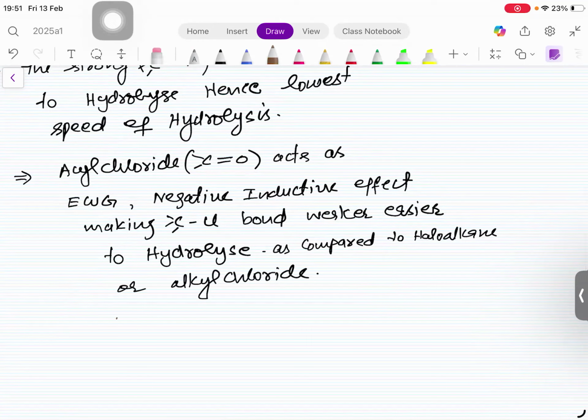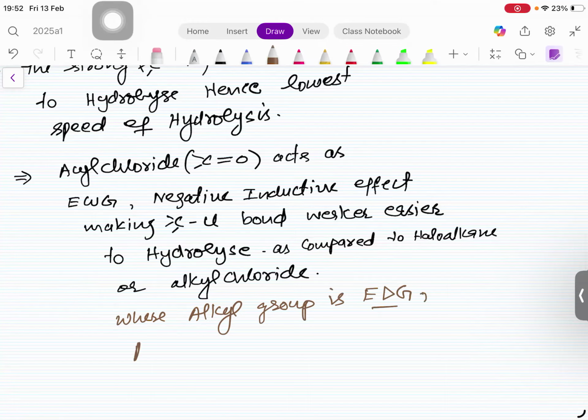Where alkyl group. Now I'm giving extra explanation. You can give only one of them. Either you can say C double bond O is the electron withdrawing group, or you can say alkyl group is electron donating. So I'm giving extra information, but whatever you want, you can write it. Where alkyl group is EDG, electron donating group, positive inductive effect.